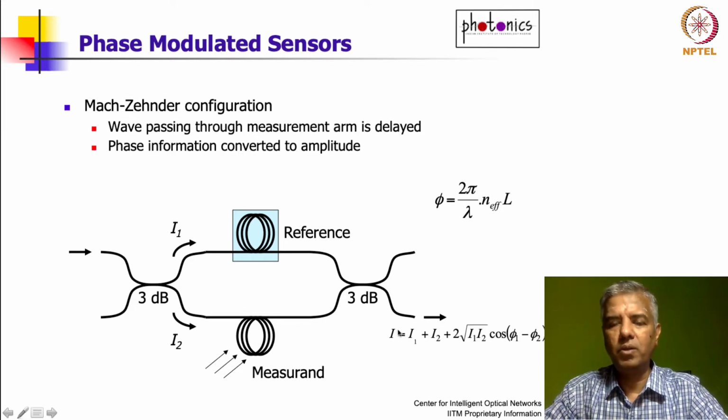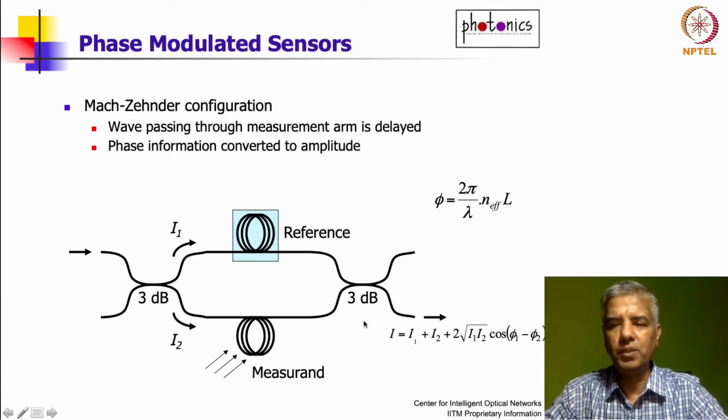When you look at the total intensity, it corresponds to the intensity of the individual arms, and then you have a beat component. The key part here is that the beat component is going to have a sinusoidal dependence on the relative phase difference between the light propagating in the two arms.